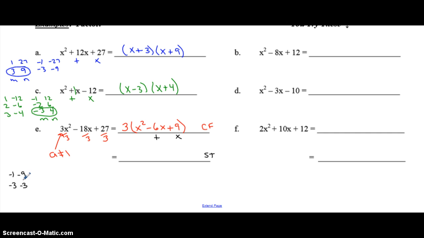So the ones that add to -6 are these ones. So that is x minus 3, x minus 3. And anytime the two brackets are the same, you're going to write it as x minus 3 squared. So that would be your final answer.